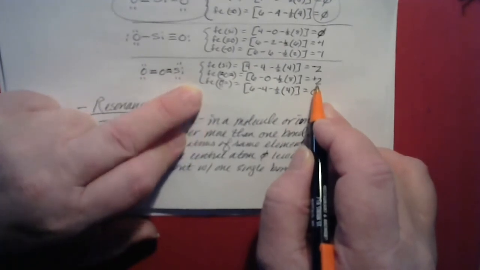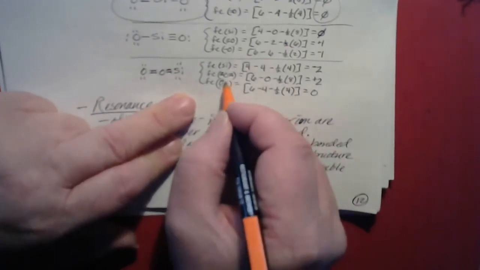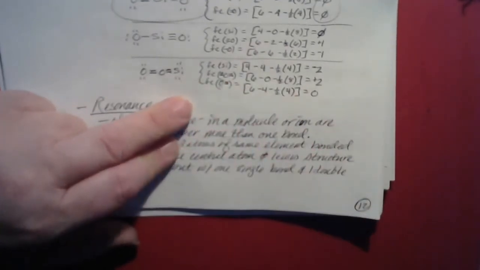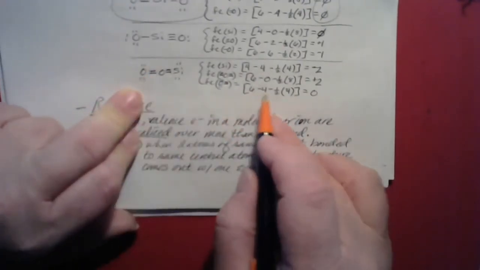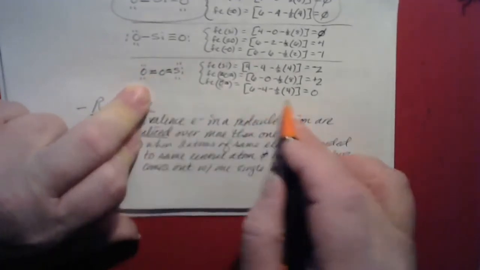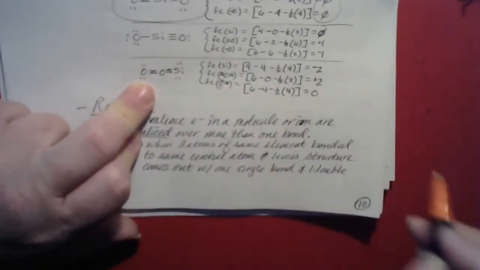That's a bad sign. The formal charge on the oxygen on the end, the one that only has one double bond, would be 6 minus the 4 lone pair electrons on it, minus 1/2 of the 4 bonding electrons. 6 minus 4 minus 2 is 0.